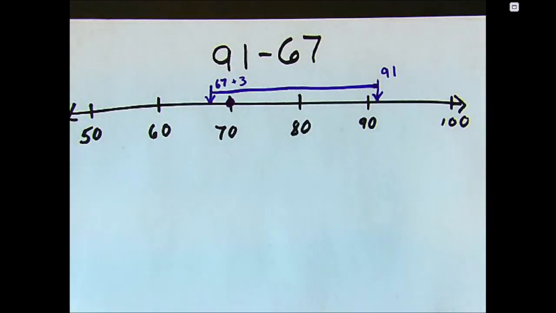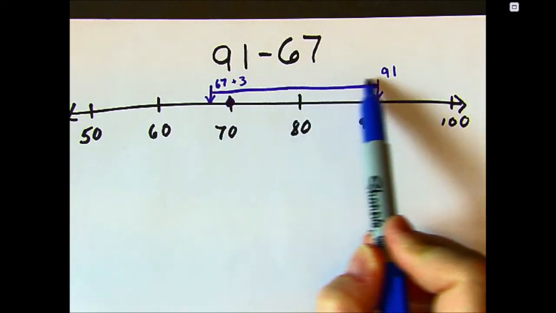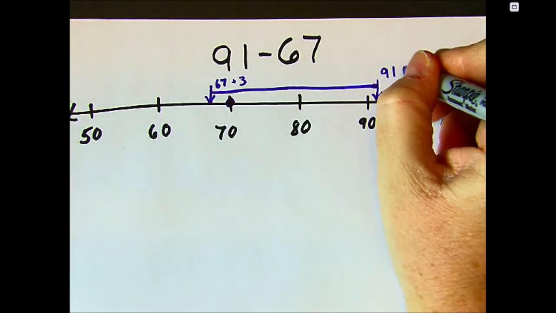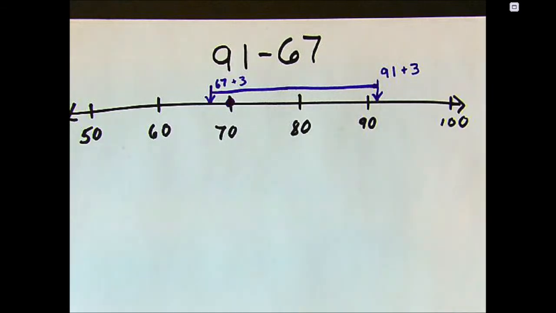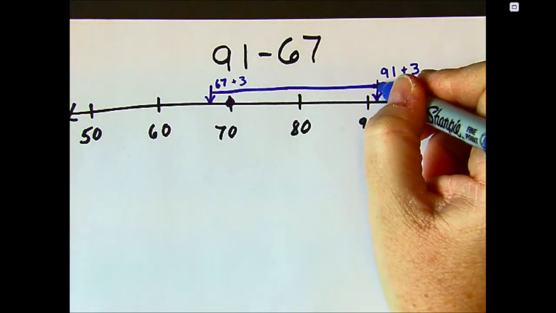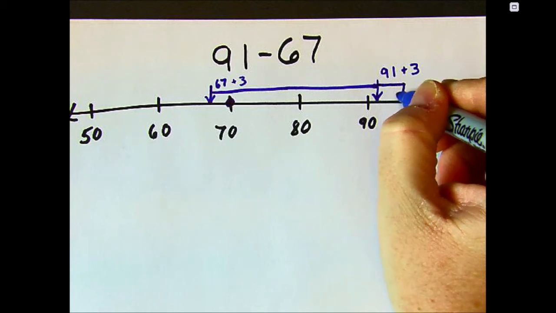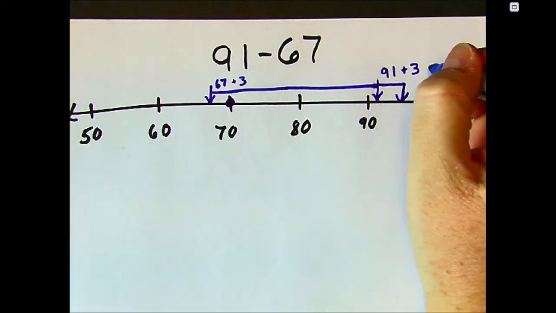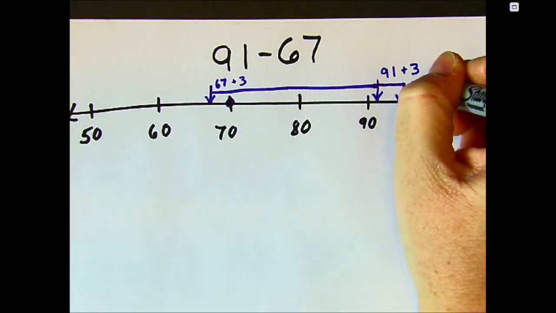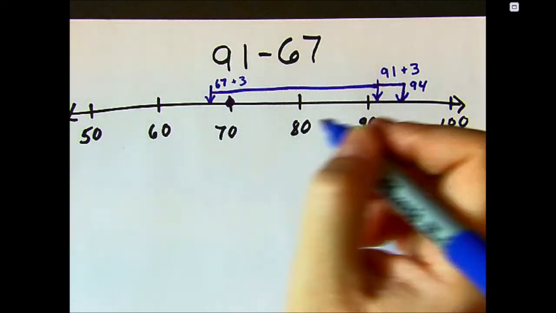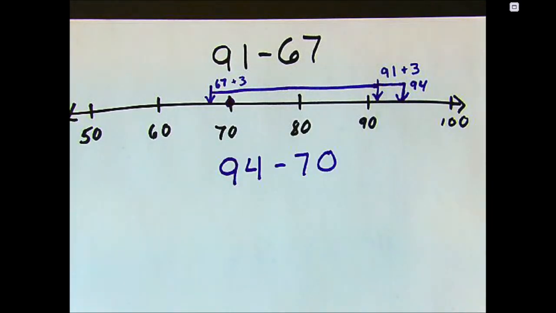In order to do that, we have to move 3 spots up the number line. And in order to keep the distance, we also have to move 3 spots up from 91. So now, instead of working with 91 subtract 67, we are working with 94 subtract 70.